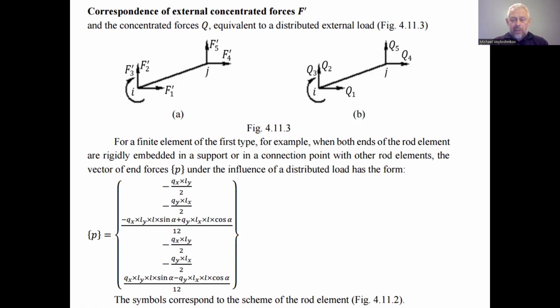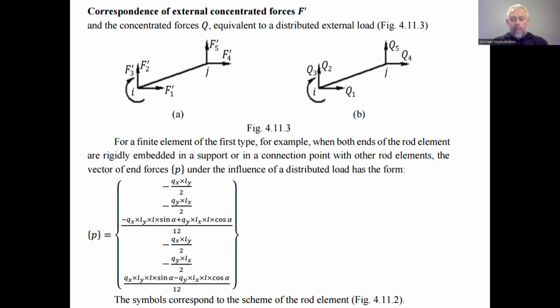The first type is the finite element embedded by 2 ends. Do we have this one? Yes, we have it in the considered mechanical system. I show this on the scheme of the assigned mechanical system as the first element embedded by node 1 and connected rigidly to the second element in node 2. So this is the first type element of the mechanical system.